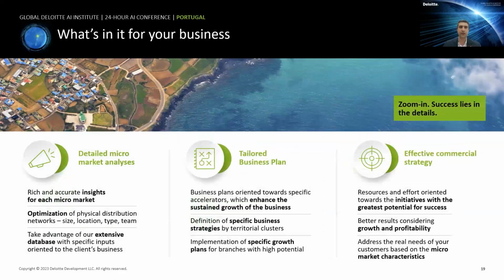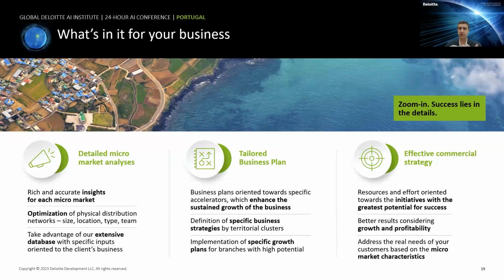So with this in mind, what does drone allow? Drone allows us to have a model that creates micro market analysis. With all the data combined, and I'll go a bit deeper into what this data is, it allows me to know which people live in a specific micro market, and a micro market means as small as a neighborhood or part of a street.